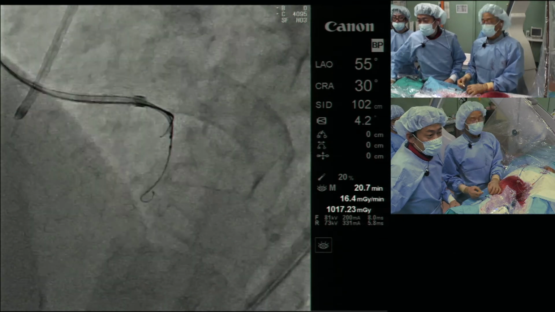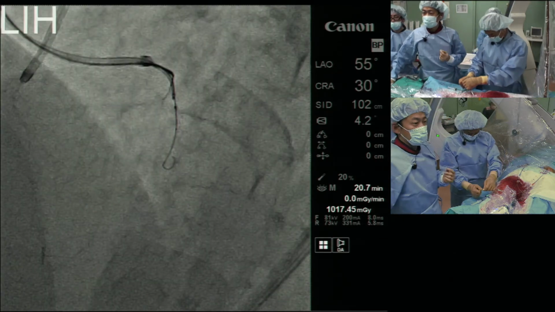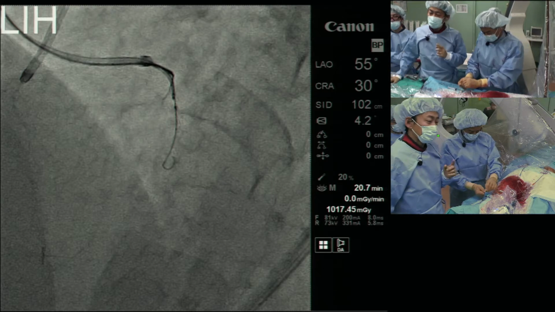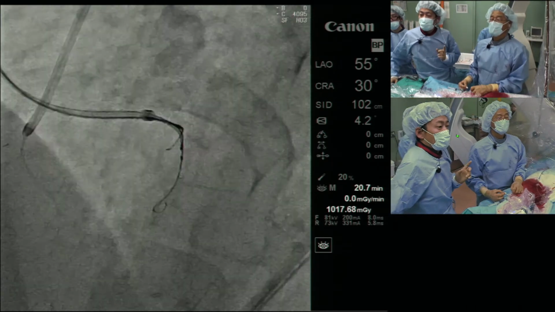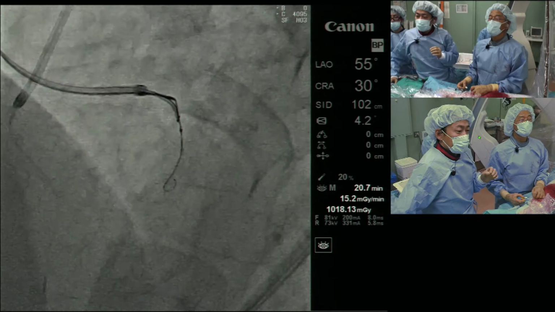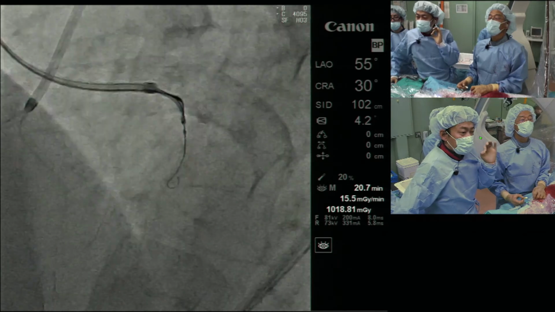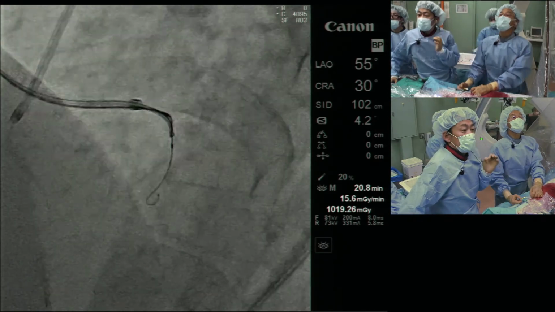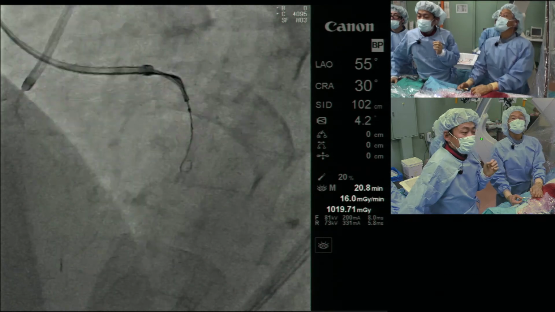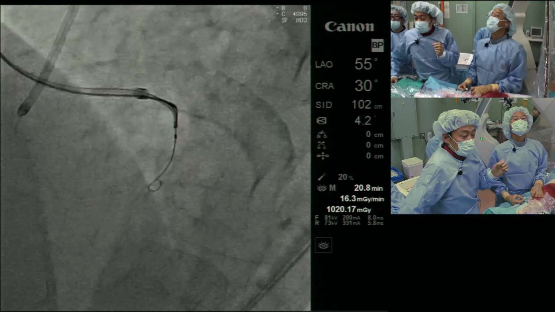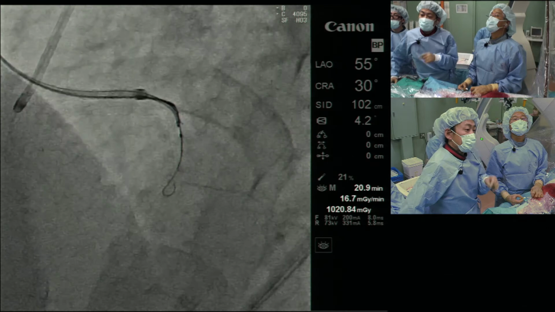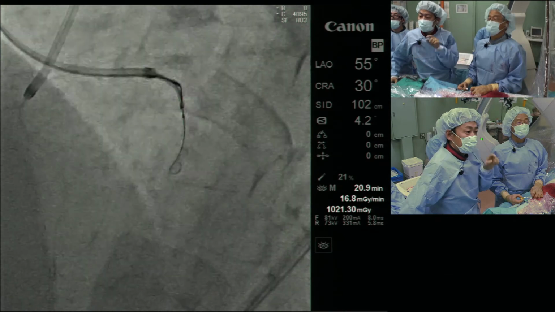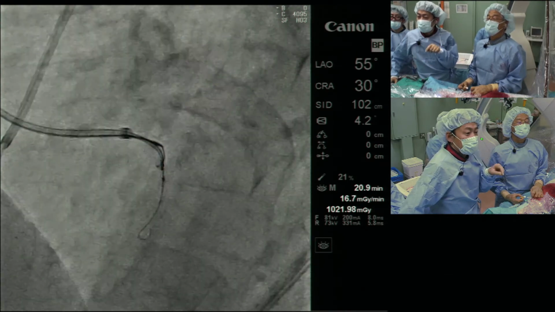No, it's the same. It's a Conquest itself. The tip load is very hard, but the issue is the tip of the wire. As Dr. Kato already mentioned, the tip of the wire is a little bit big and slippery. So even though the tip load is very high, Conquest 8-20 easily goes to the subintimal space in this situation. So getting the true lumen is very important.